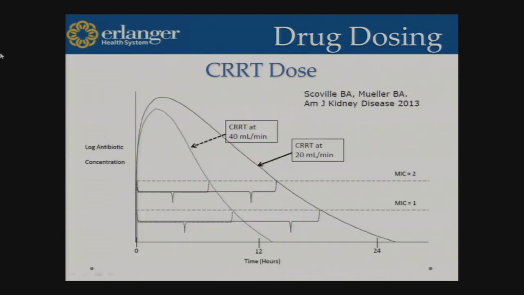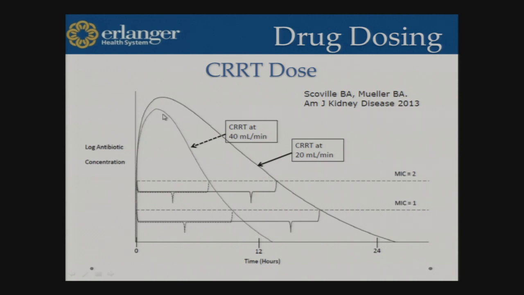So that's some food for thought on why mortality probably wasn't different. When we're looking at patients that are on CRT, critically ill in the ICU, a lot of them have sepsis, or some kind of underlying infection that we're trying to treat. And this is a graphical representation of antibiotic concentrations when CRT is prescribed at 40 mL/min compared to 20 mL/min.